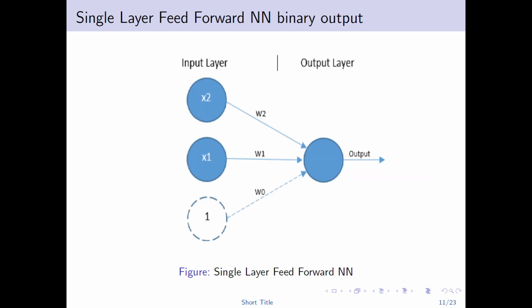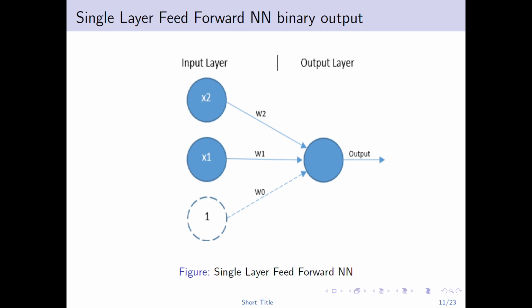Okay. Now we can look at single layer feed forward neural network for binary input. For binary input, we can have a single neuron in the output layer. Single layer feed forward neural network means we have only an input layer and output layer. No hidden layers are present. That is called the single layer feed forward neural network. The input layer is simply passing the inputs that we are getting to the neuron in the next layer.